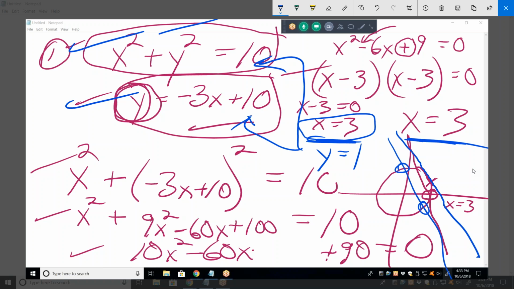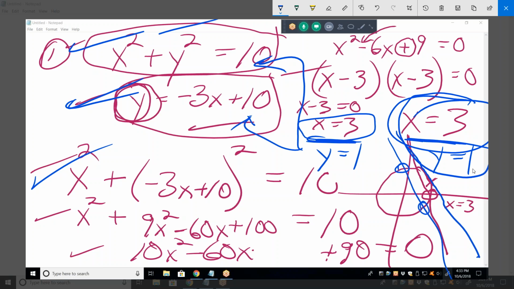You'll notice that all of my math did not depend on me knowing that that was a circle, because all I did was substitute. For the y in equation 1, I substituted minus 3x plus 10 to get this. Now I solve it, and when I solve it, I get x equal 3. If x equal 3, and you plug that back in, you can get y equal 1. So there's our only solution.